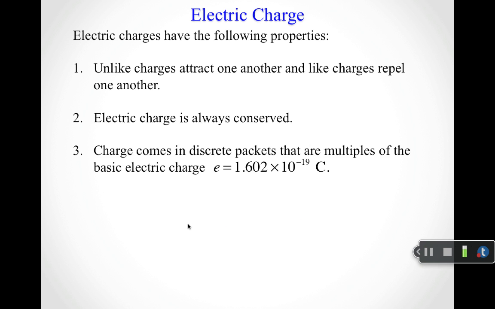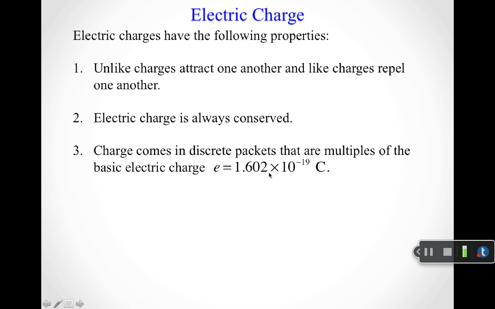And then charge also comes in discrete packets. Now, if you're talking about a large amount of charge, and when we talk about 1 coulomb, capital C here is our unit for charge, 1 coulomb is a tremendous amount of charge. And so we wouldn't, as a general rule, talk about 1 coulomb in terms of the number of electrons, but the fundamental unit of charge happens to have this value.